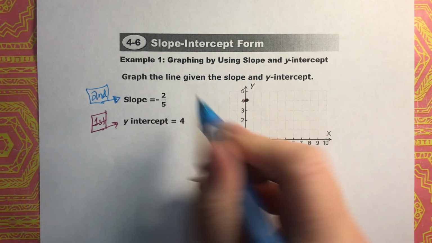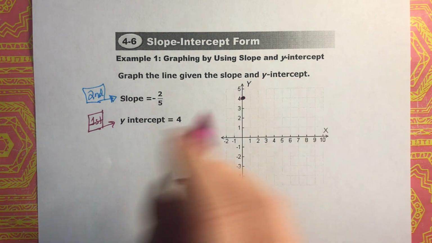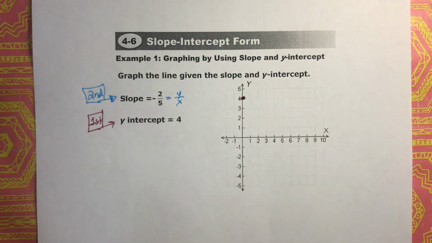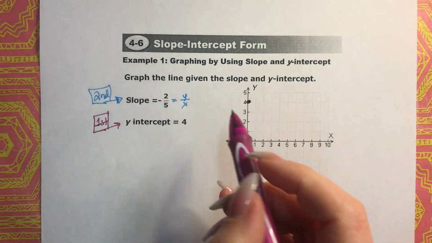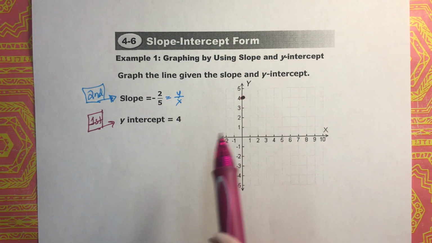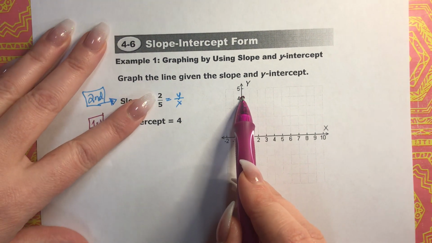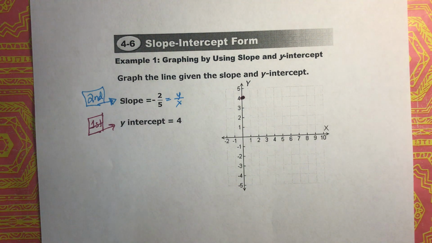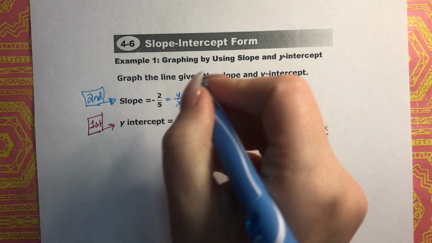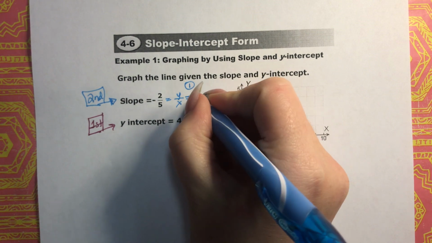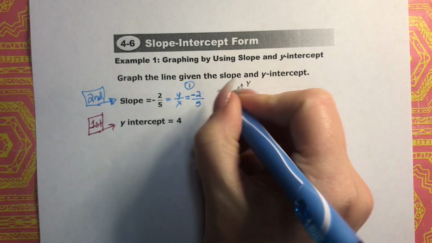So the y-intercept is 4, I graph that, and remember the slope, that's the change in y over x, right? The rise over the run. So we have 4, and then from here, this is negative 2 over 5. So we can interpret this slope in two ways. The first option is to think of it as negative 2 over 5, okay?